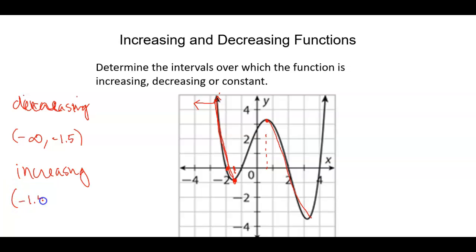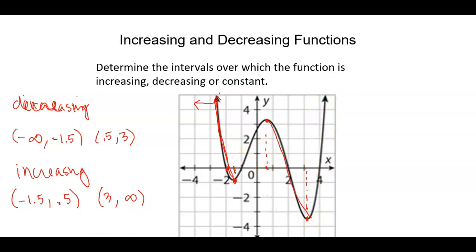So negative 1.5 to 0.5 is increasing. Again, remember, you're using the x values. So from 0.5 to 3, it's decreasing. And then from 3 to infinity is increasing, because that side is going to keep going indefinitely.